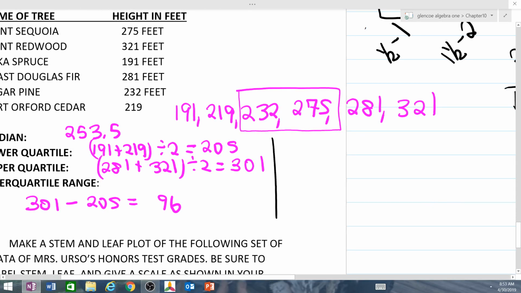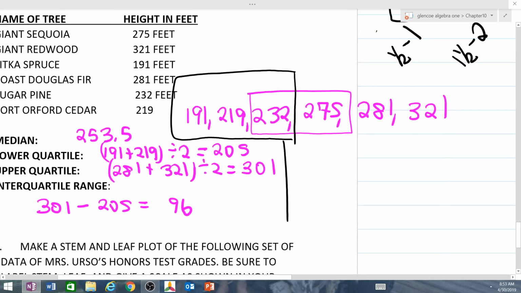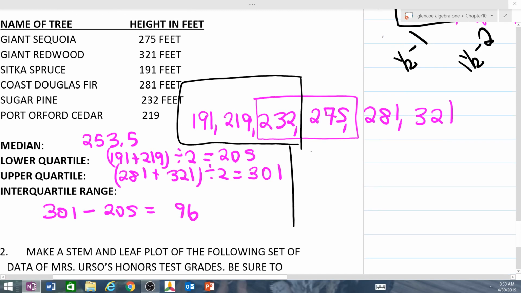The other method would be to take all 3 of these numbers, since there wasn't an exact middle number, right? Because we had to take the average of 232 and 275, which gives us now a lower quartile of what? 232, and an upper quartile of what?